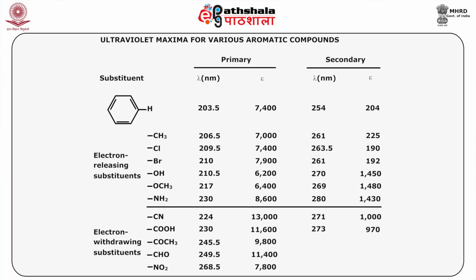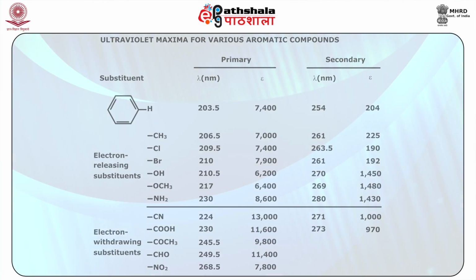The table given shows the effect of both types of substituents, electron releasing as well as electron withdrawing. Now, as you can see, the effect of electron releasing and electron withdrawing groups is clearly seen on the primary and secondary bands, and the position is shifted, as shown in this table.